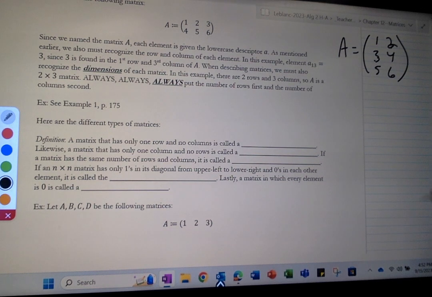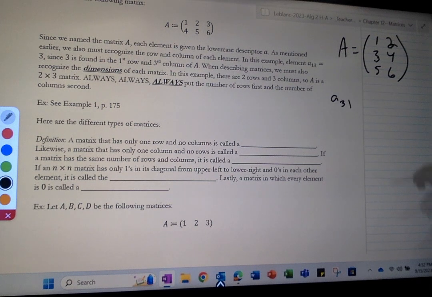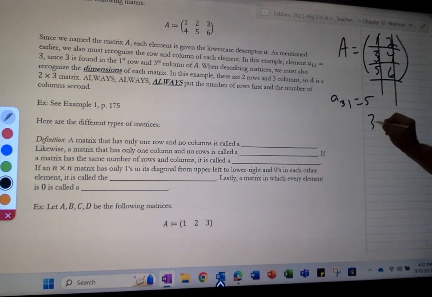And let's say I wanted to find a3,1. That's third row, first column. Also, it has 3 rows and 2 columns. So A would be a 3 by 2 matrix.